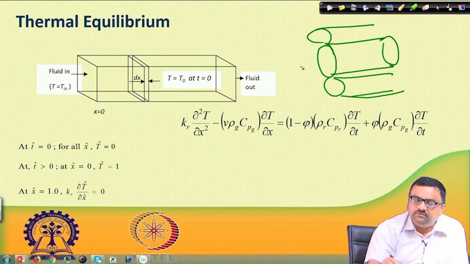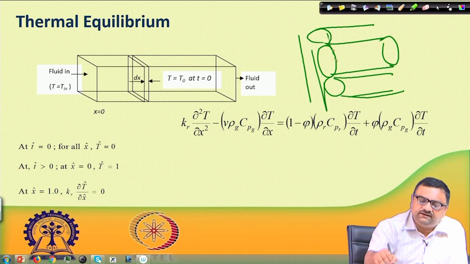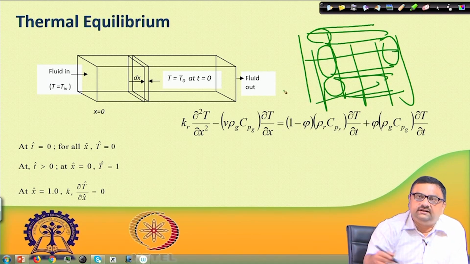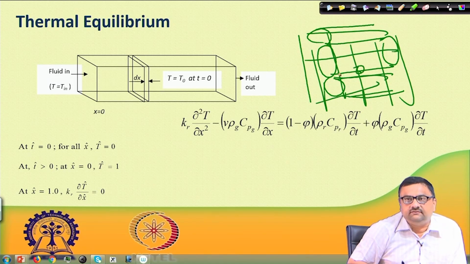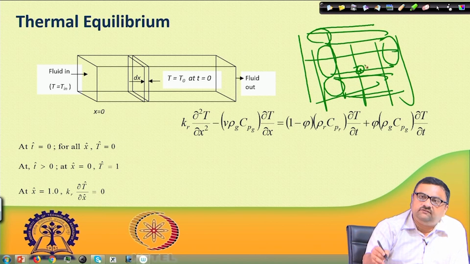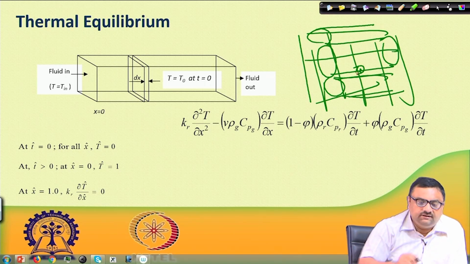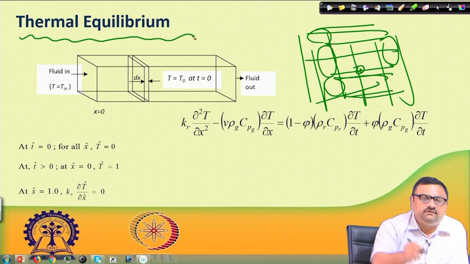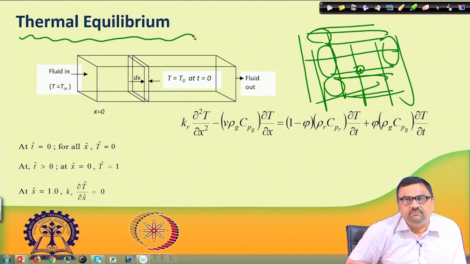Now, if we break it down into several x, y, z grids, at any grid point we are assuming that the temperature is continuously changing over the grid points, and at any grid the temperature of the fluid and temperature of the solid are equal. This is essentially what we refer to as thermal equilibrium.